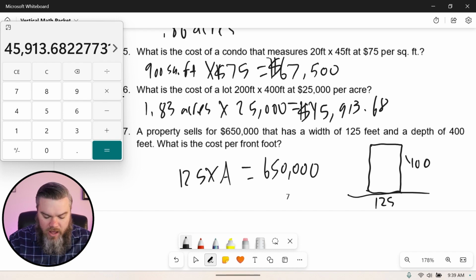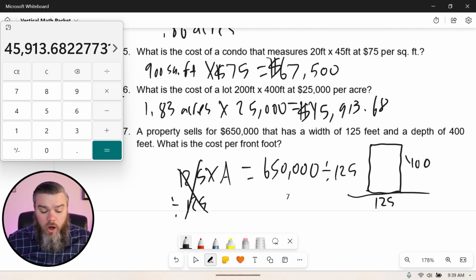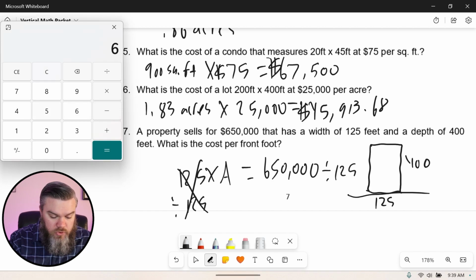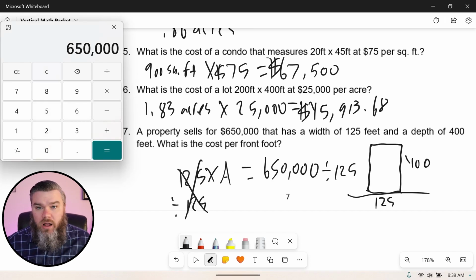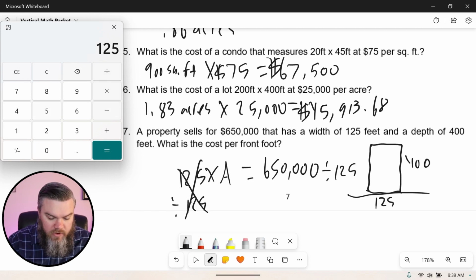So if we were to divide by 125 feet on this side, we would need to divide by 125 feet on this side, and that negates itself. So now we know that all we have to do to find the rate or the cost per front foot, take our sold price of $650,000 and divide it by how many front feet there were, 125.